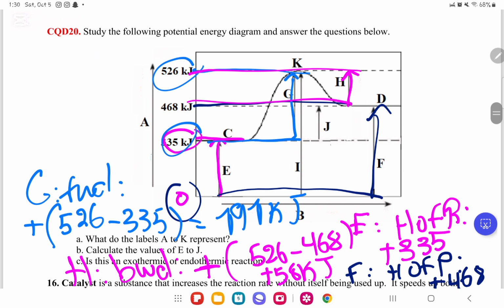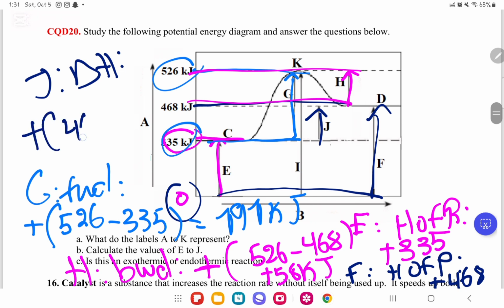Now, finally, for J. J is our delta H, and because it's going in the upward sense, it is going to be positive. So it's 468 minus 335, which is plus 133 kilojoules.